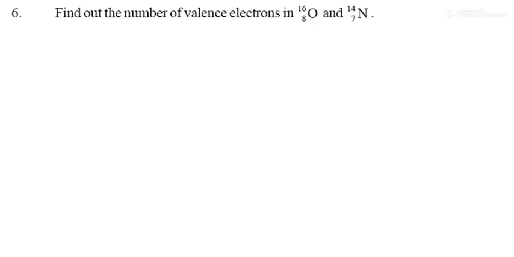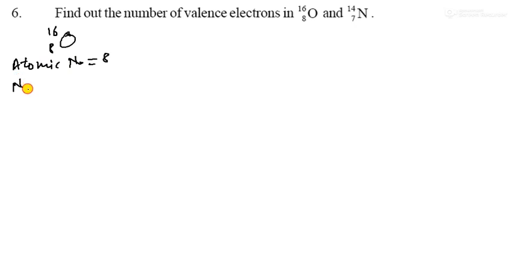Now come to the next question. Find out the number of valence electrons in this. So first of all, 16, O and 8. How can we find it? It is oxygen. First of all, the atomic number is 8.